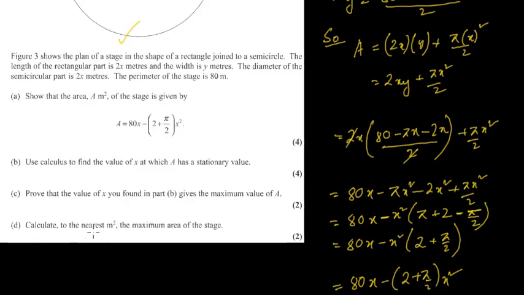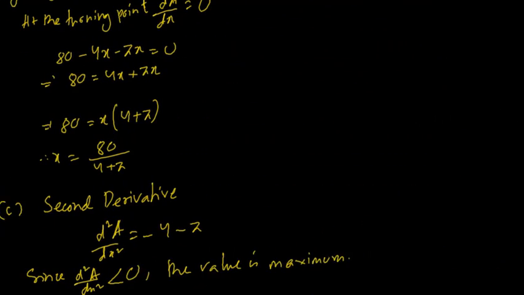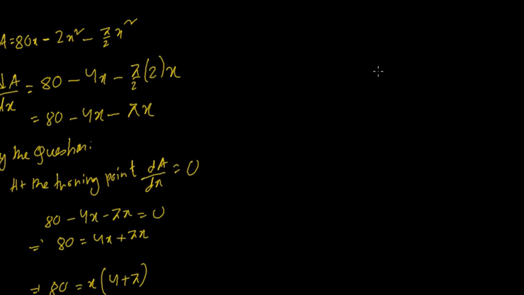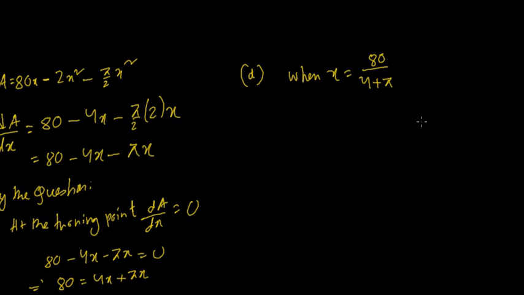Now the final question. Calculate to the nearest meter squared the maximum area. So we have to put the value of x in the area back again. So let's find the maximum area. So D would be, when x equals 80 by 4 plus pi, that was the value of x. Let's put it there.